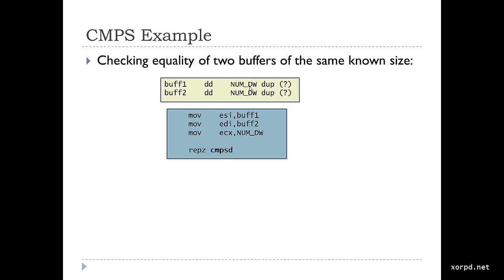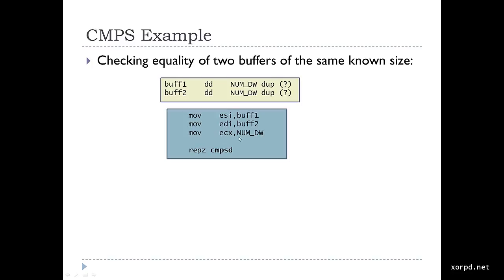Next, let's look at the code. We first load the label buff1 into ESI and then the label buff2 into EDI. We also load the amount of D words that we want to compare, which is num-DW, into ECX.